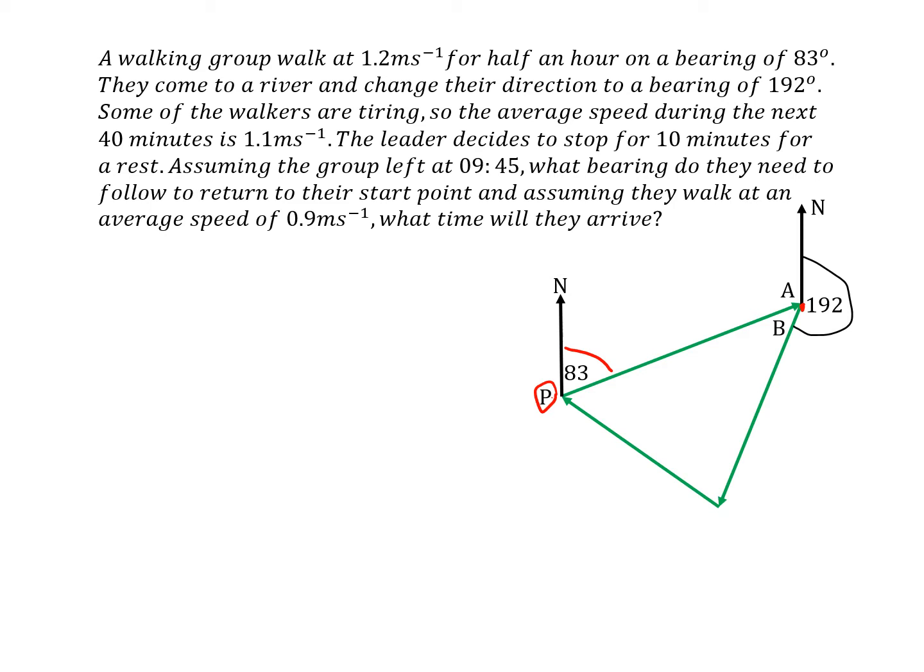We measure bearings clockwise from north, so that's why this angle here is 192. They go then on that bearing to this point where the leader decides it's time for a rest, and that's basically the information on the angles from the question.